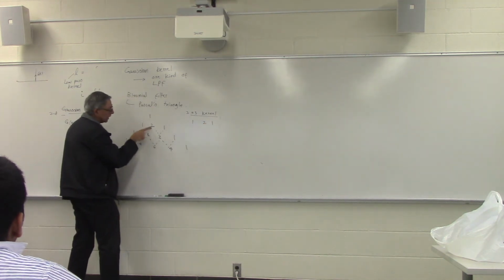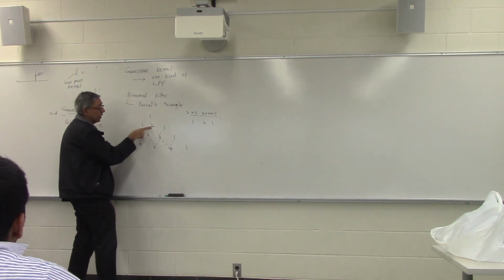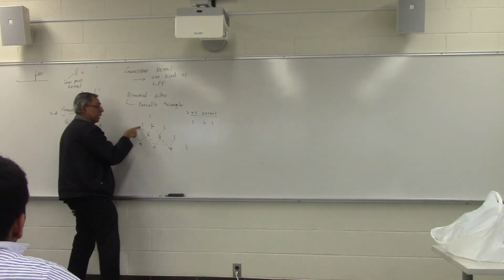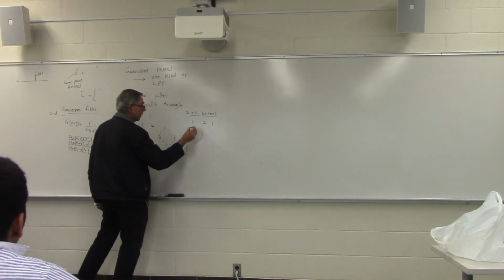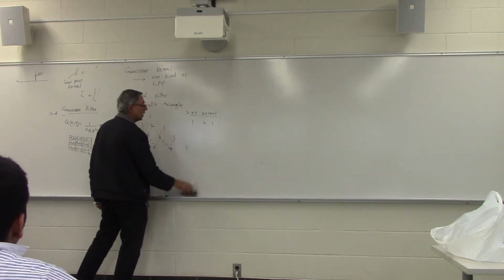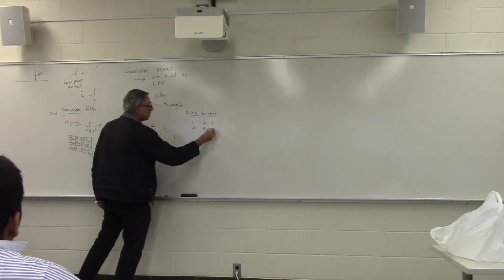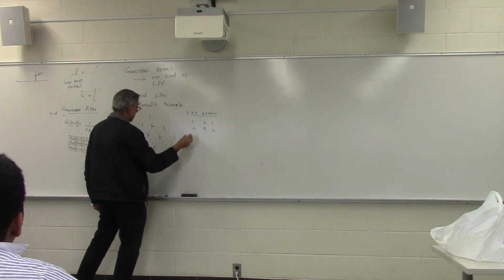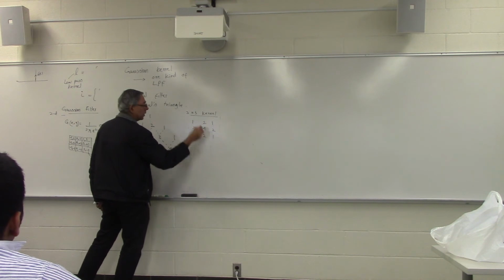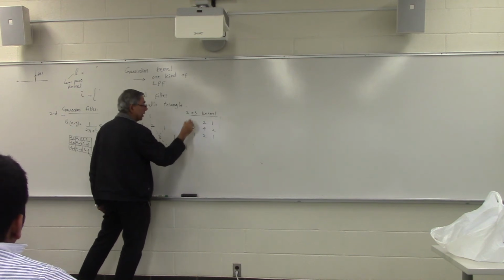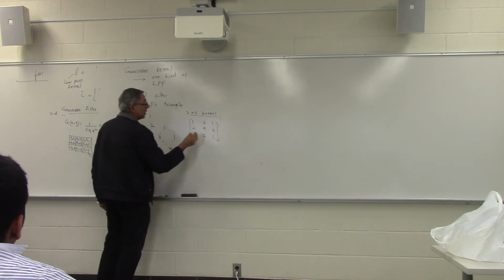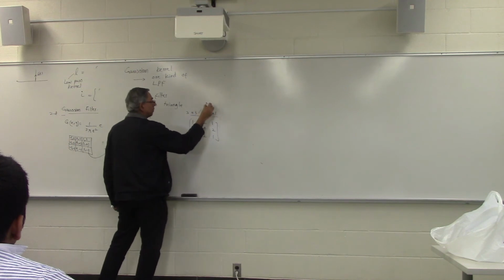Now the second number over here is 2, so you multiply the row by 2. So this becomes 2, 4, 2. And then for the last 1, you just repeat it. So this will be a 3 by 3 binomial kernel.